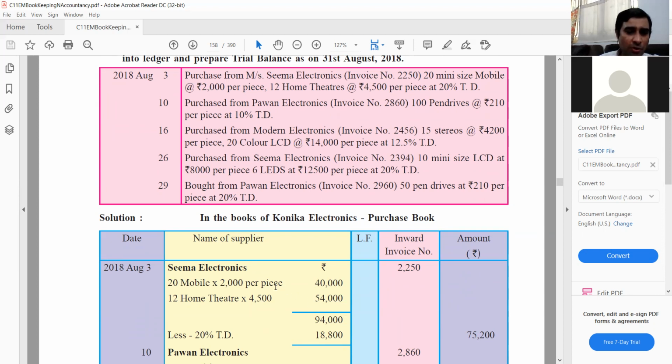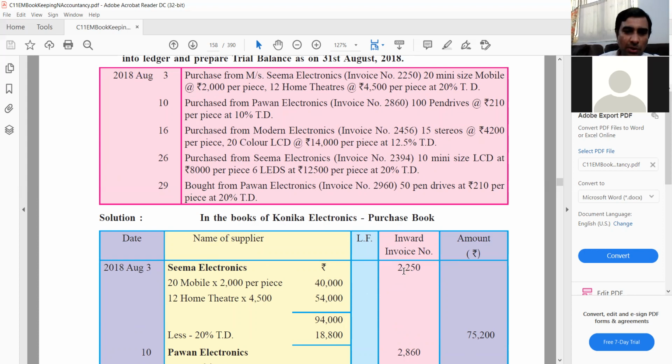In my mind, I would not put all this working in the purchase book. You have to go as per the examination board that you are going to appear for. This is a textbook for the Maharashtra board, so if you are Maharashtra board, yes, you have to show all this breakup, and then I would have simply said Seema Electronics 75,200, invoice number 2250.